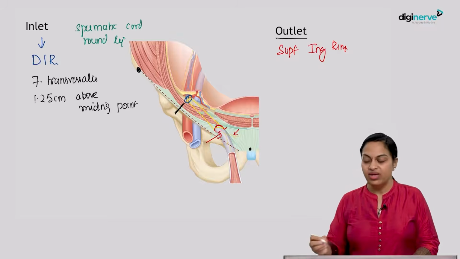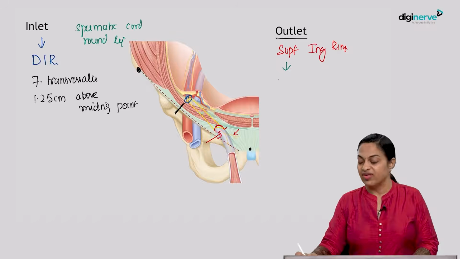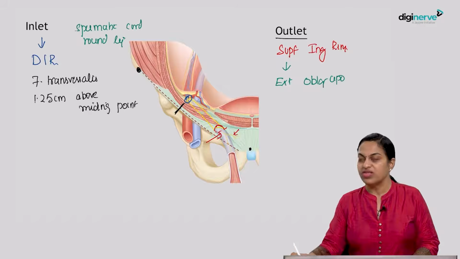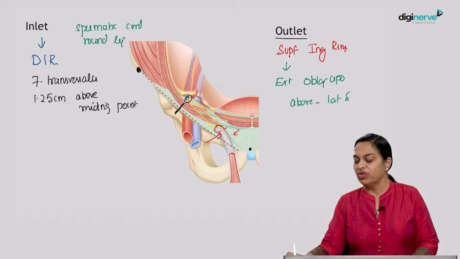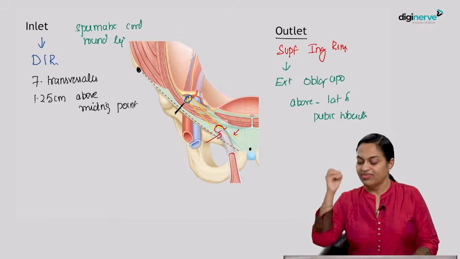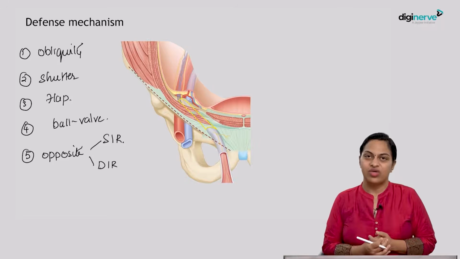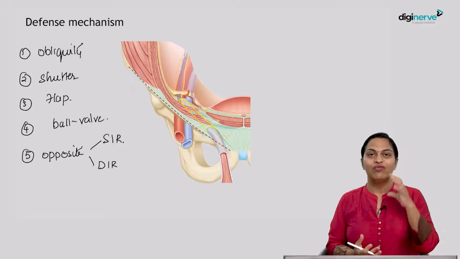And you can tell me, the superficial inguinal ring is a defect in the external oblique aponeurosis just above and lateral to the pubic tubercle. Fine? Yes. So when this is asked as an essay question, for completion's sake, definitely you have to fill up the pages.